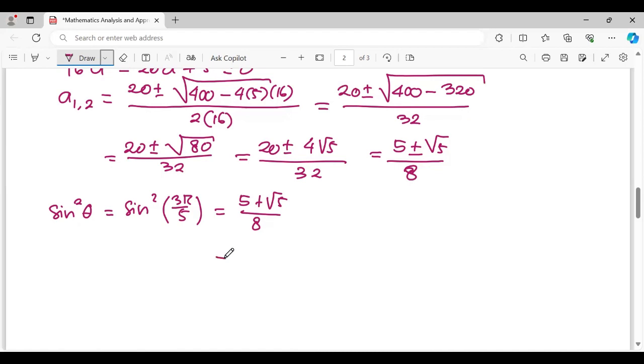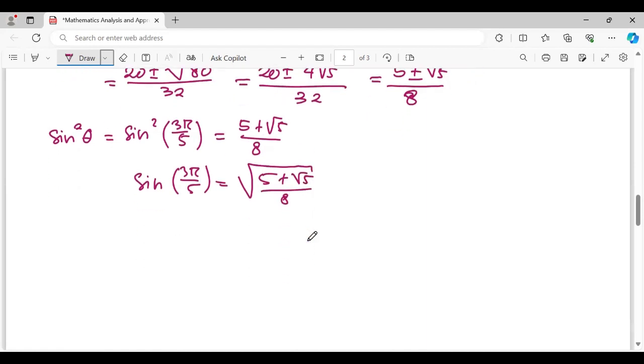So sine 3 pi over 5 is the square root of (5 plus square root 5) over 8.